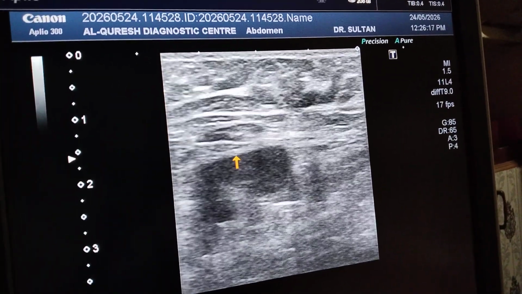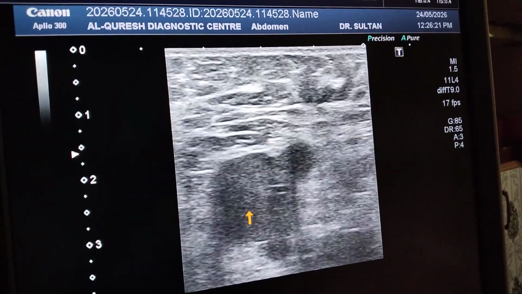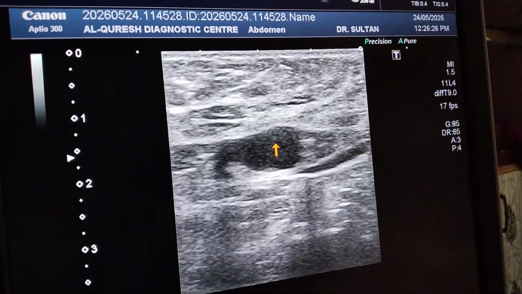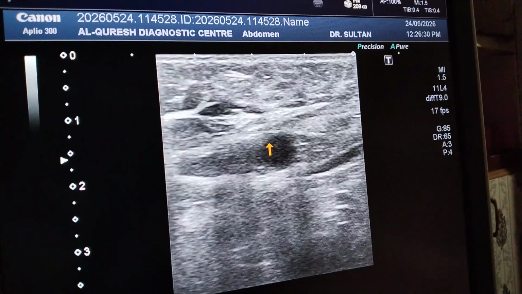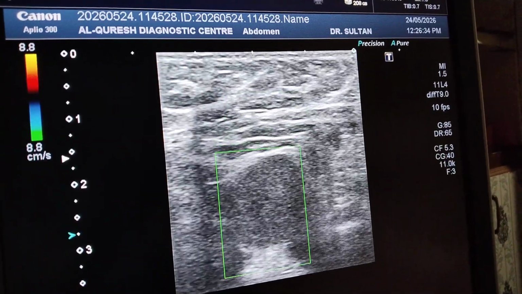So there is a thickening of the cortex, and another lymph node is this. These are significant bulky lymph nodes. We see the vascularity.